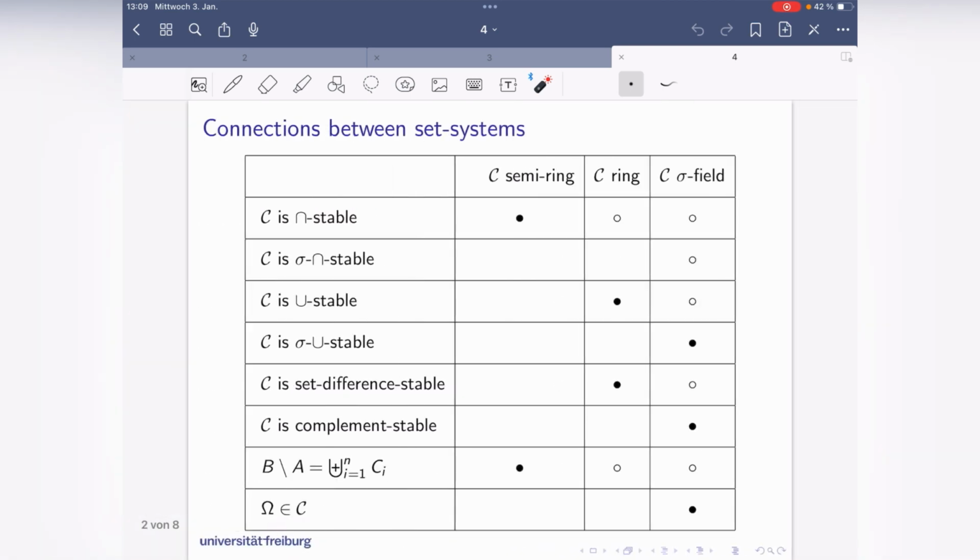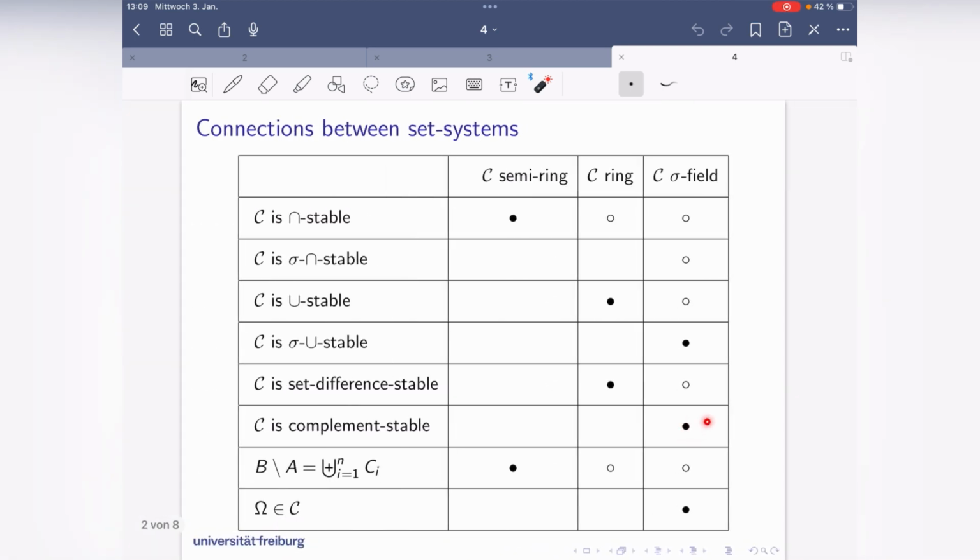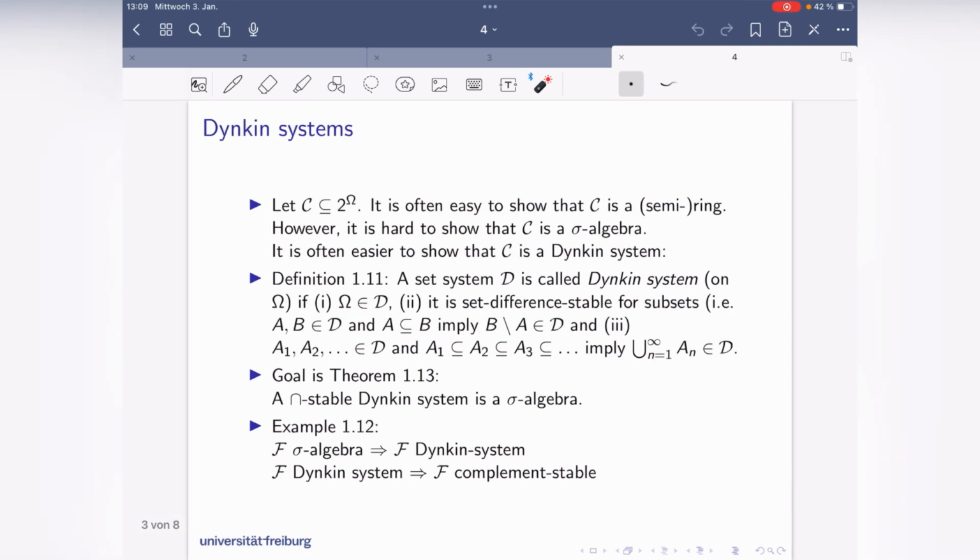That's important because sigma algebras are complement stable. So why is the Dynkin system complement stable? Because every set is a subset of omega, and omega without A, so the B here is the omega without A, that's again in the Dynkin system, so a complement is in the Dynkin system.